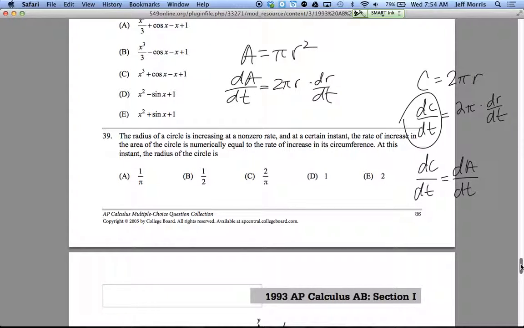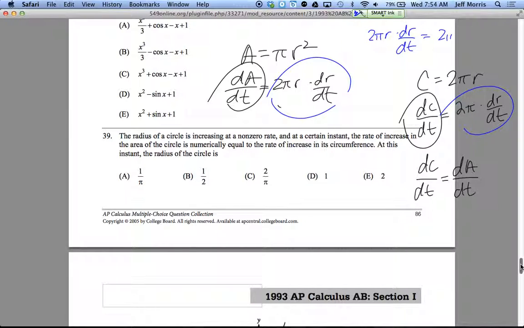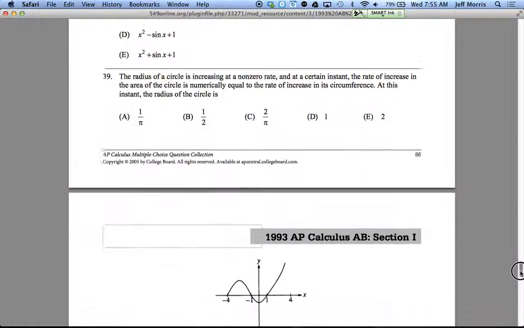These two things are equal, so set them equal and solve. So 2 pi r times dr/dt is equal to 2 pi. The dr/dt's cancel, the 2 pi's cancel. What does r equal?